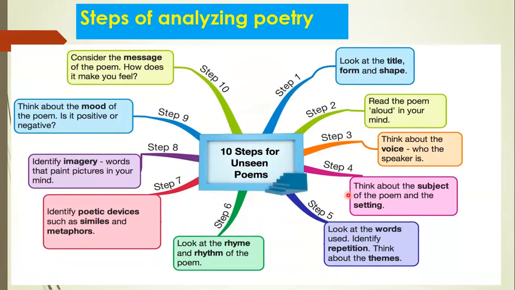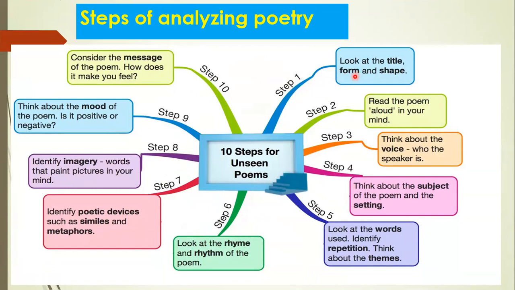So how do we analyze a poem? We have steps of analyzing poetry. The first step here, we have to look at the title, and then we have to look at the form. What form is it?